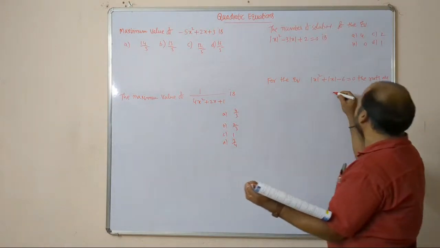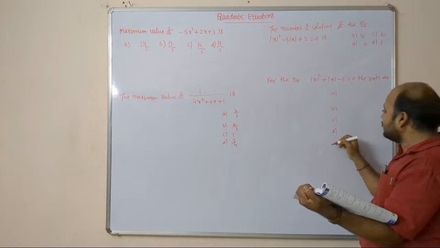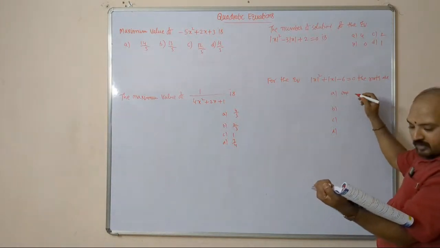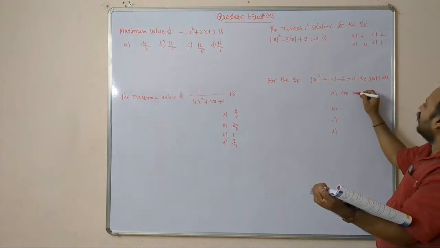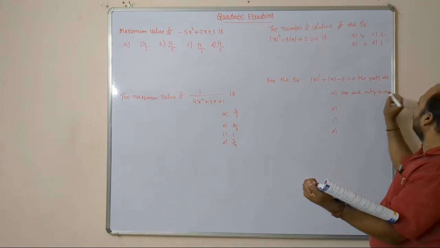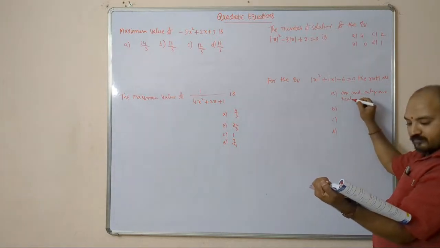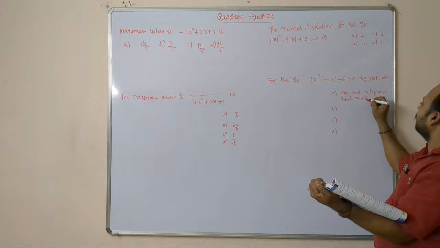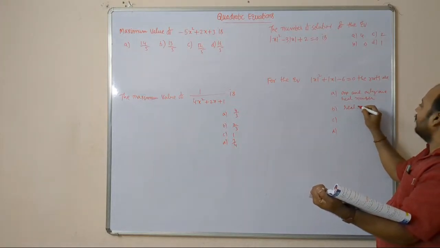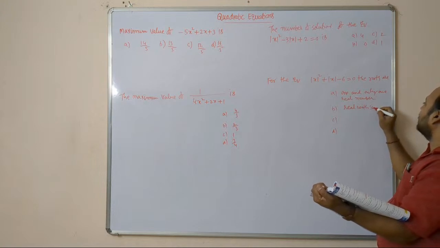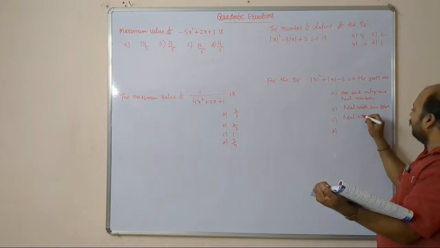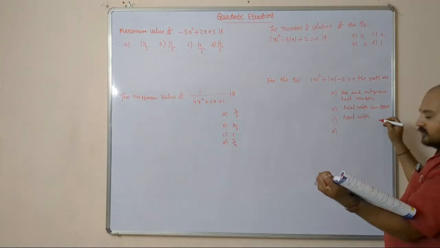This type of question also has a chance of being asked, dear students. Previously they asked in the MSET. Once again, that type of question I am revising for you. Options: one and only one real number; second, real with sum zero; real with sum 1.